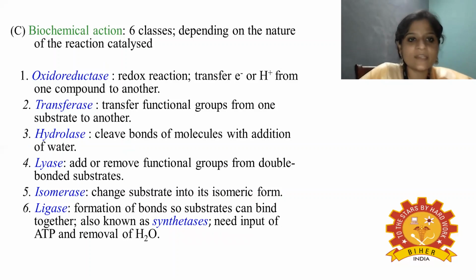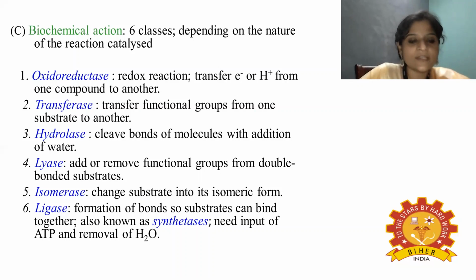And the third category is main category, it's a biochemical action. This biochemical action is what kind of reaction this enzyme is going to facilitate. Based on that, they are classified into 6 classes: oxidoreductase, transferase, hydrolase, lyase, isomerase, and ligase. So this 6 classes, depending upon the nature of the reaction catalyzed.